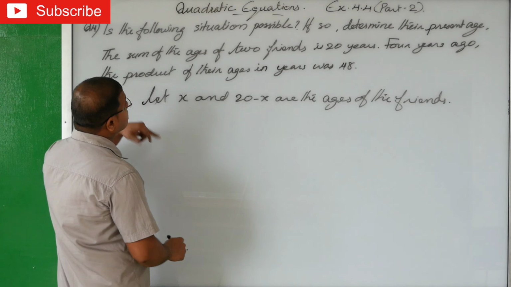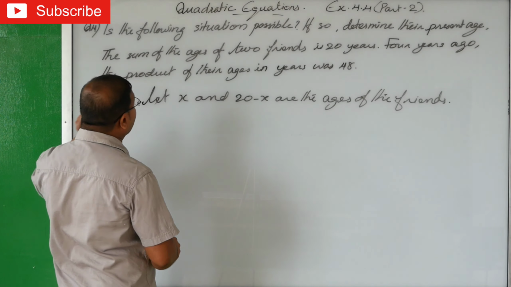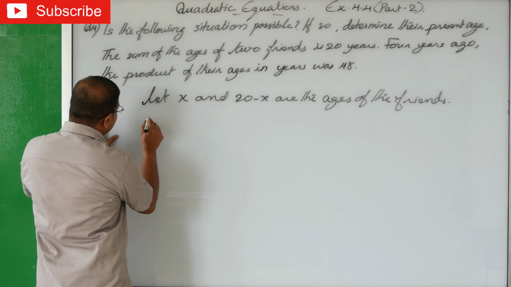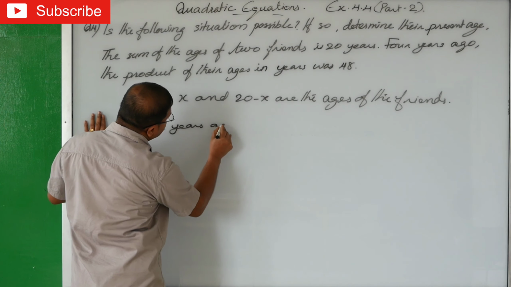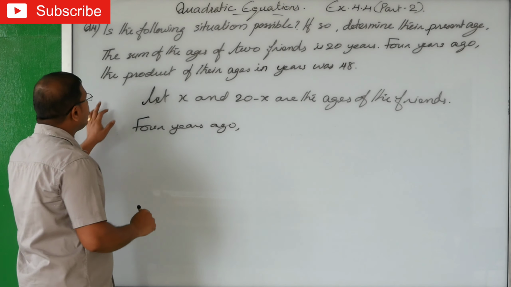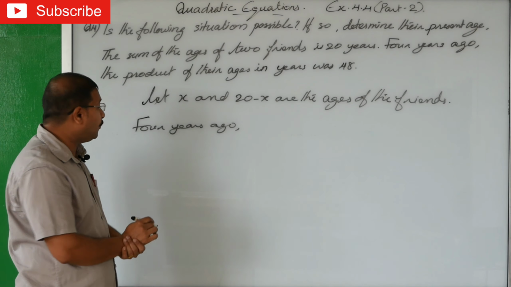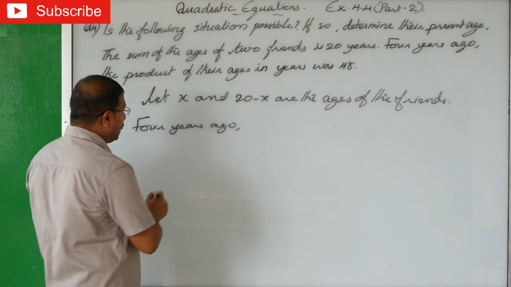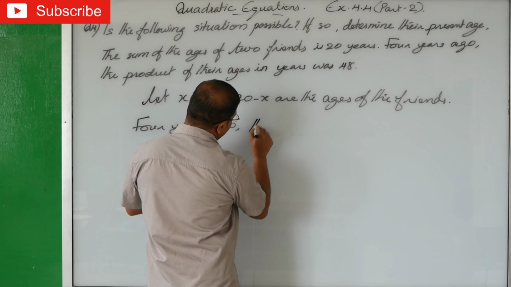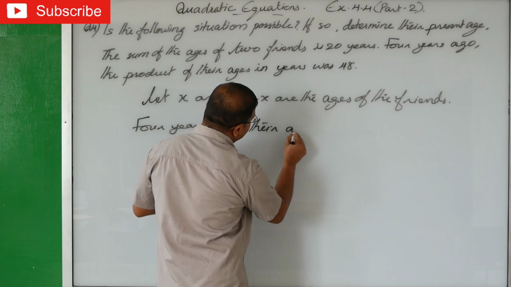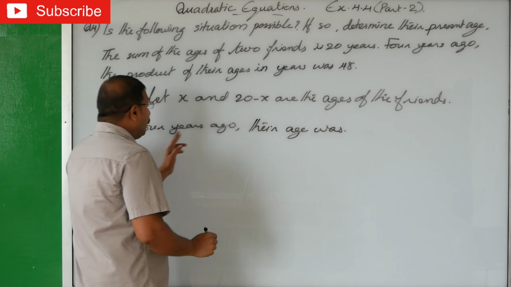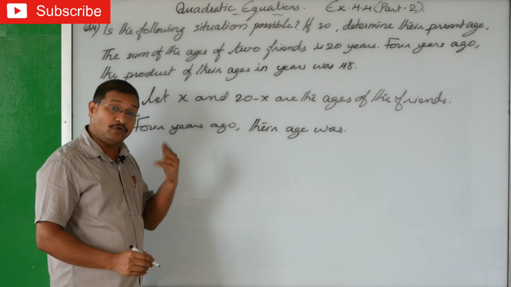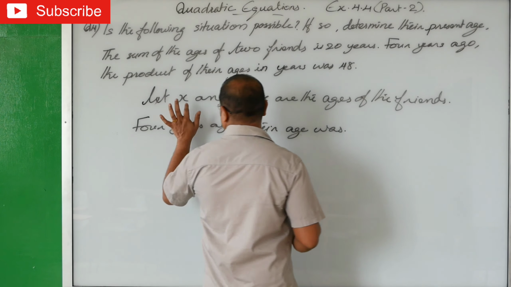Now, the next condition is 4 years ago. That means we'll write 4 years ago, the product of their ages. That means 4 years ago, their age was, what will you do? The first person is x.